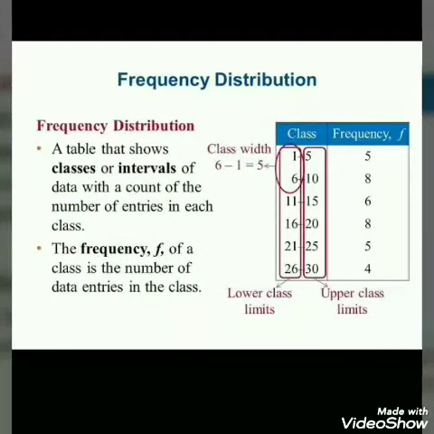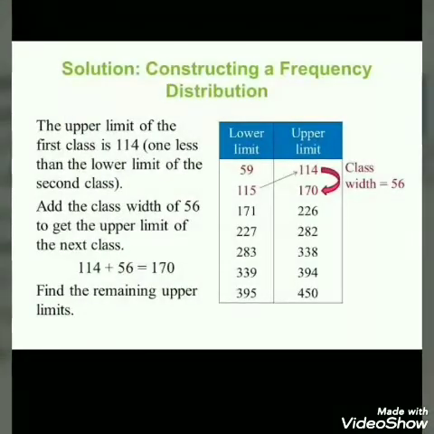The class midpoint or class mark is the middle value of the class. Suppose from 0 to 10, 5 is the middle value, so 5 is the midpoint of that class. There is also a formula used for calculating the midpoint.